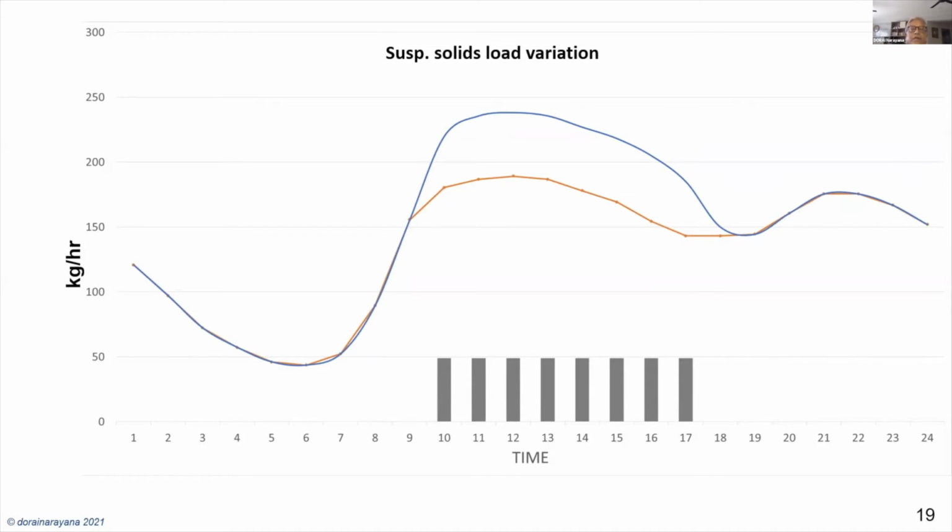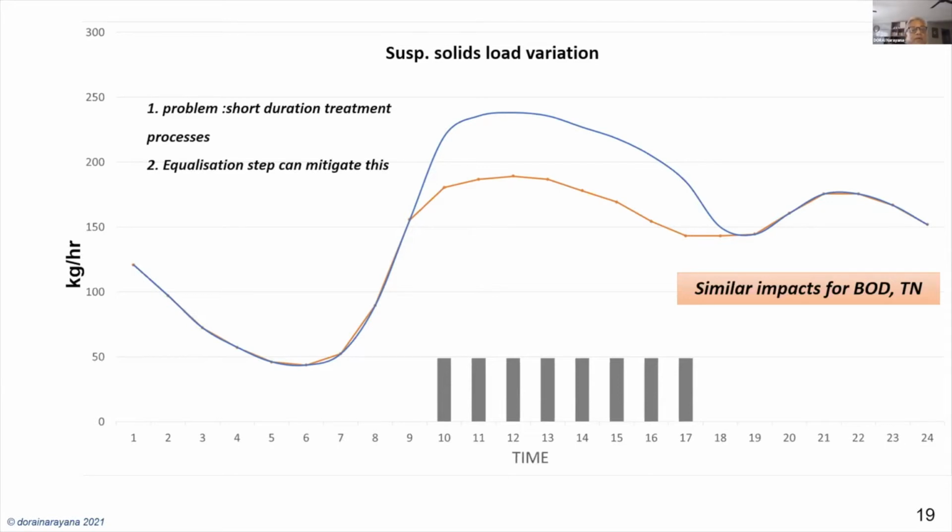Then this kind of impact has to be checked, and hourly peak may need to be checked, right? And similar patterns can be seen for BOD loading as well as nitrogen, right? So this is a problem for short duration, and maybe with an equalization step or a balancing tank, this could be mitigated.